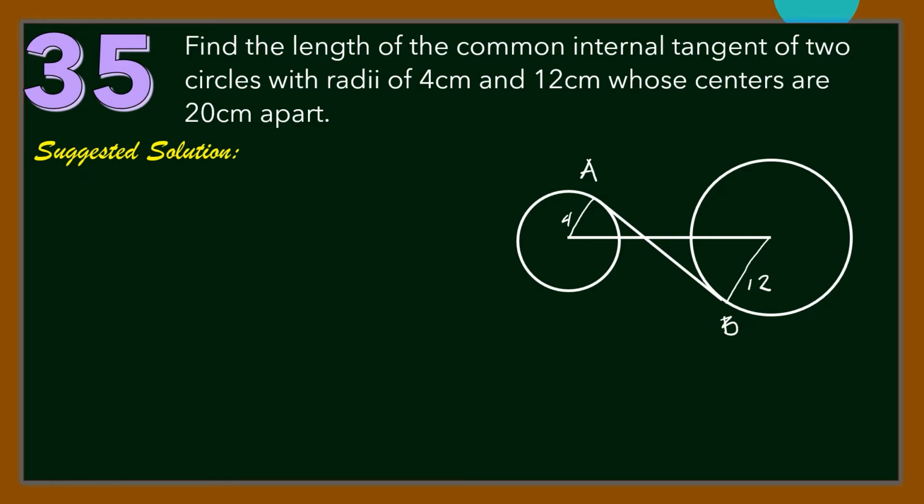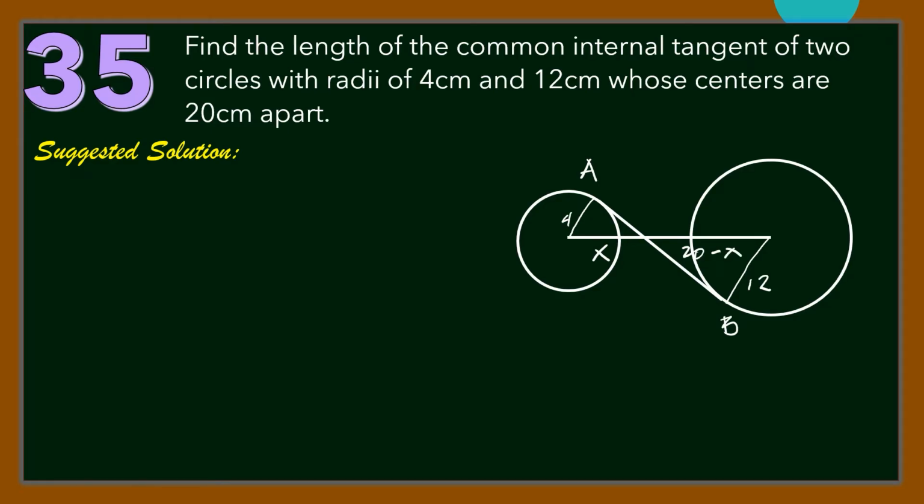And since the centers are 20 centimeters apart, let x be the distance from the center of the smaller circle to the point of intersection of the line of centers and the common internal tangent. Hence, the distance between the center of the bigger circle and the intersection of the line of centers and the common internal tangent is 20 minus x.